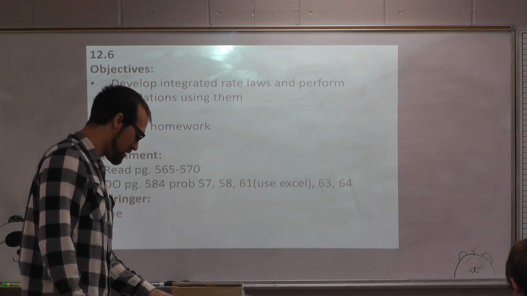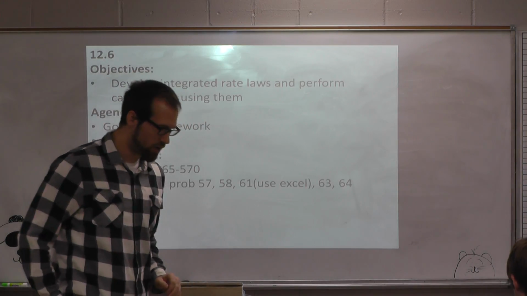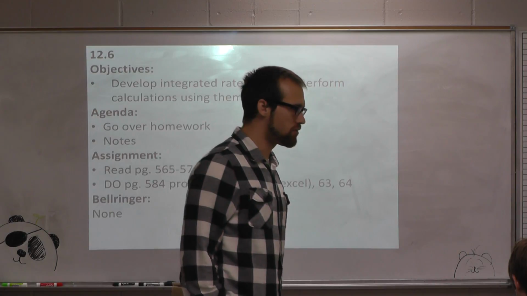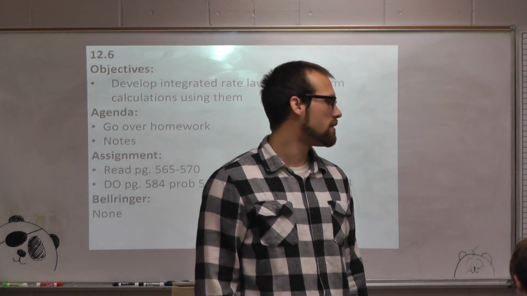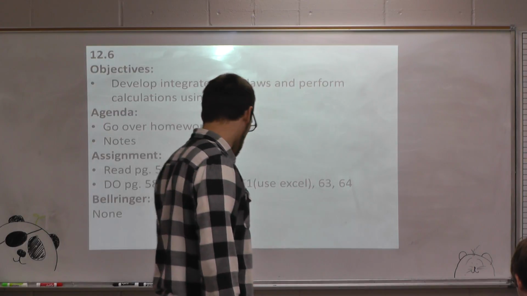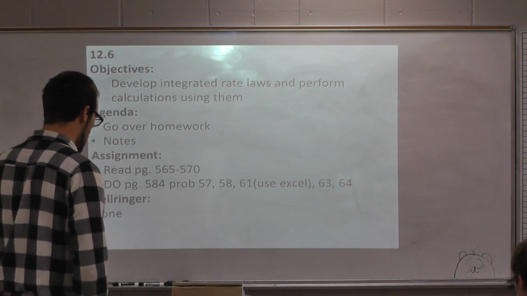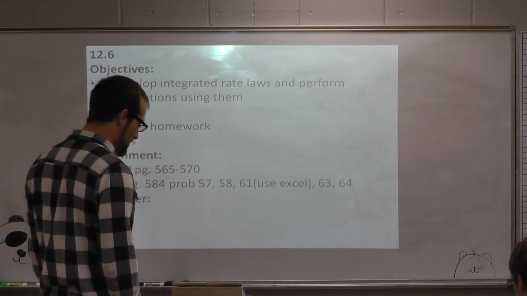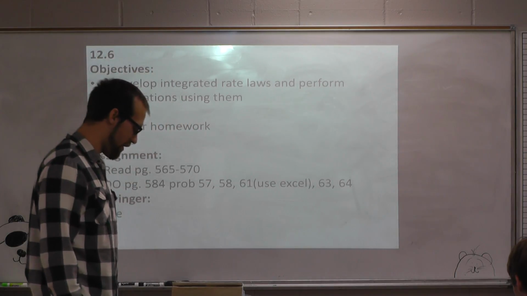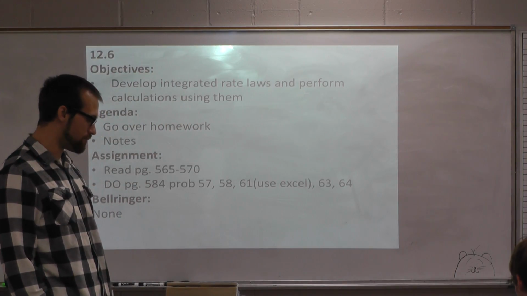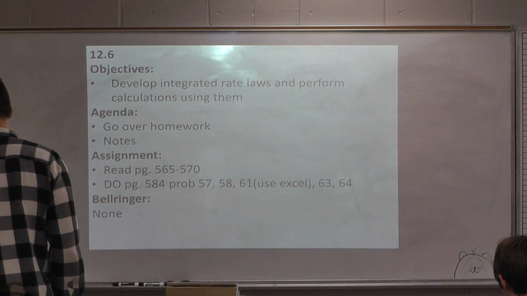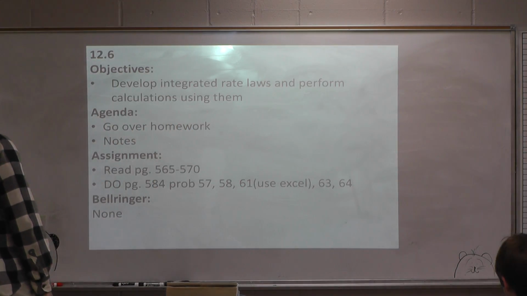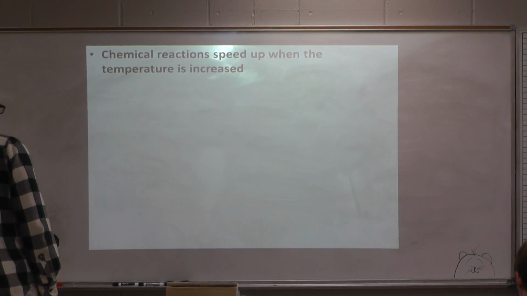So we've been talking about rates, and the number one thing that we've been looking at to figure out rates was what? You said earlier. Concentration. Okay. Now we're also going to talk about something you heard me talk about last year. What other factors are going to affect the rates?